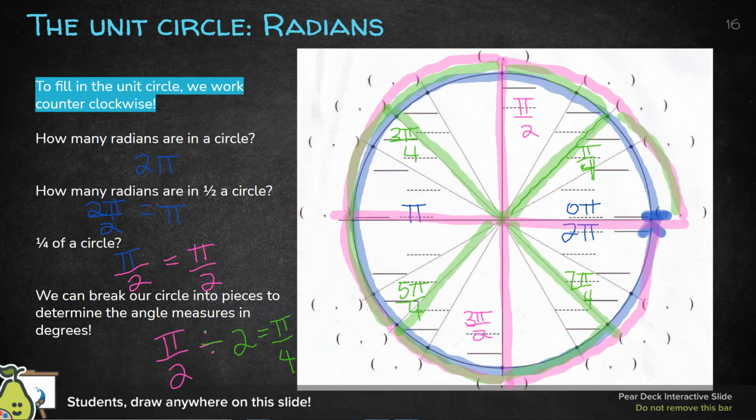And finishing, ending up at 8 pi over 4. 8 pi over 4 reduces to 2 pi. So we're almost done. We are super close.